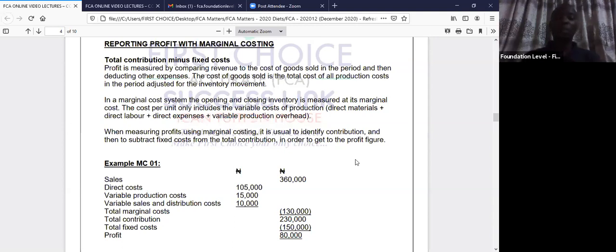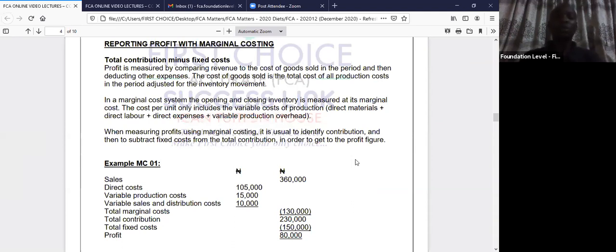And when you get your marginal profit, which is contribution, you must be showing contribution before you start dealing with your fixed costs. So when you take away your fixed cost of 150, you are left with a profit of 80. And so you see how we can convert absorption costing style to marginal costing style and get the same answer, but with different arrangements.